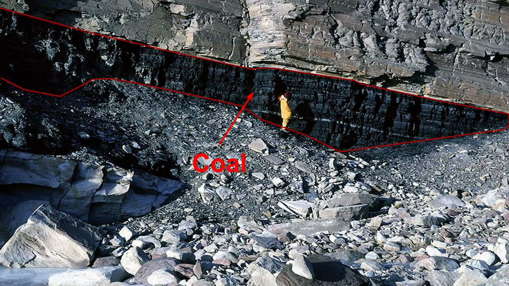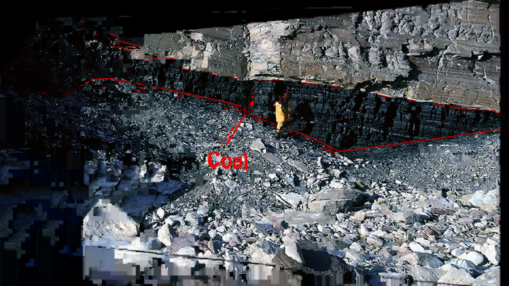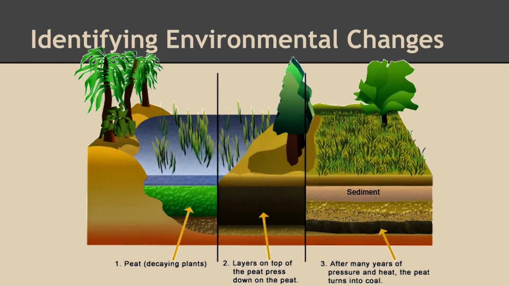Coal is a fossil fuel, so it forms from the decaying organic material from past organisms. In this case, coal forms from decaying plants mainly. So you have some sort of swamp or bog-like area where you have lots and lots of vegetation.